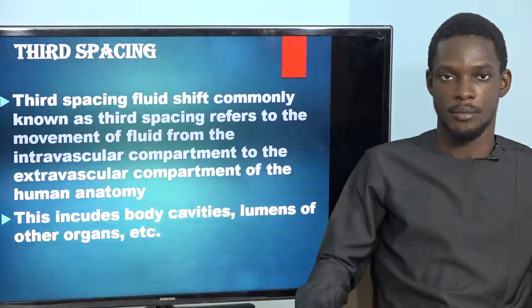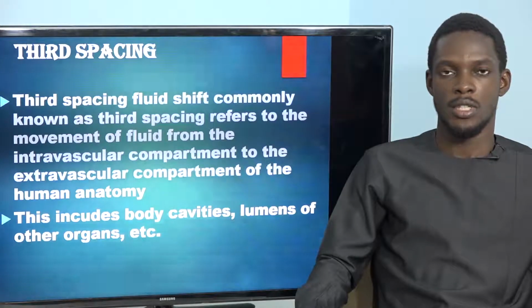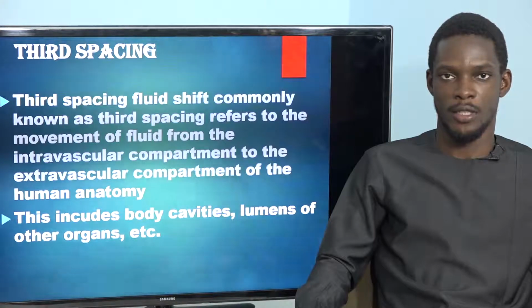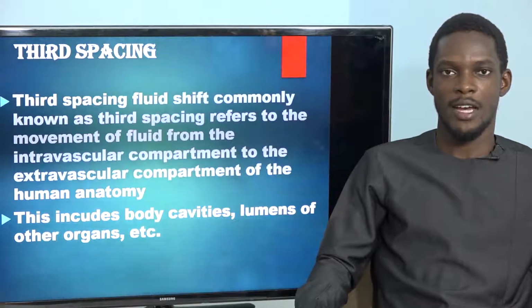Third spacing. Third spacing refers to the shifting of fluid from intravascular compartment to extravascular compartment in the human anatomy. Simply put, it is the movement of fluid from the blood vessel to other cavities and spaces within the body.